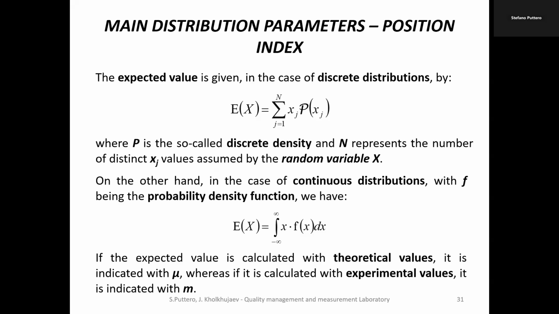The first one is for the discrete case. And we can see that in this case, E of X is equal to the sum of the xj multiplied by the probability of xj, okay?